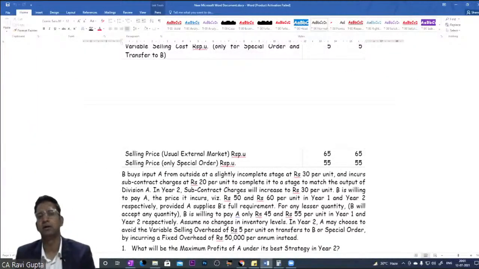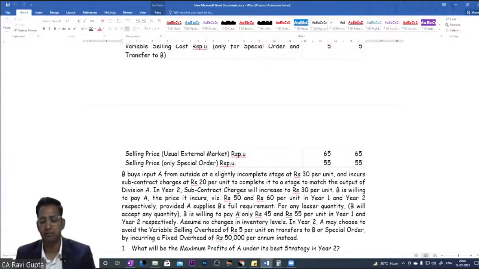What if division A supplies a lesser quantity to division B?